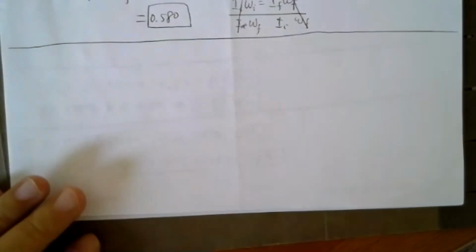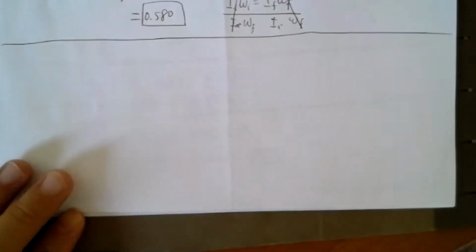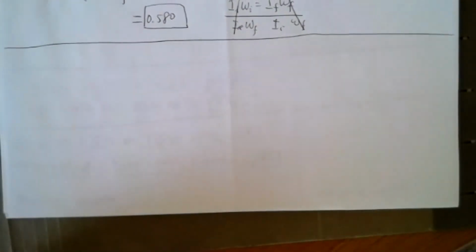All right, so let's take a look here. When one of the children moves to the center of the merry-go-round, the interaction is just between that child and the merry-go-round. So you should consider the forces as internal forces. Then there is no external torque on the whole system.